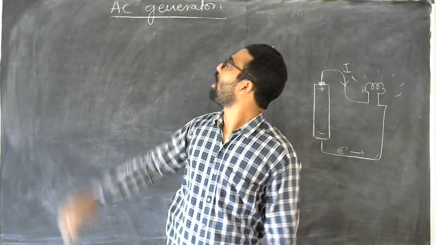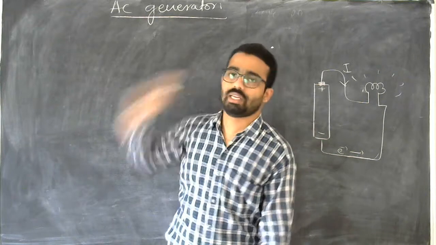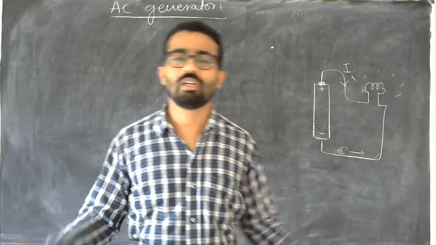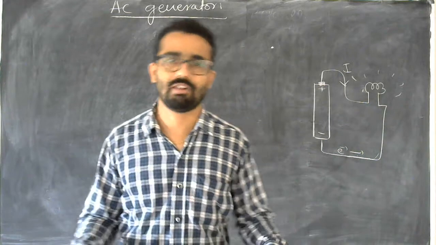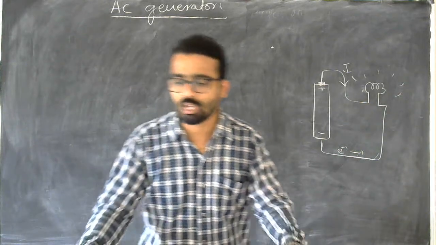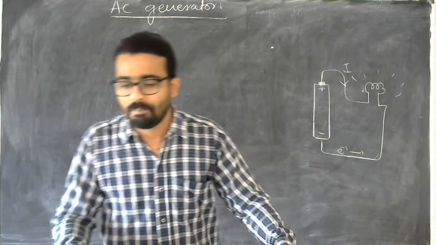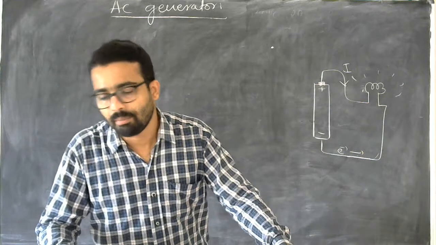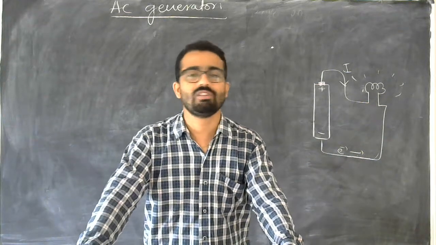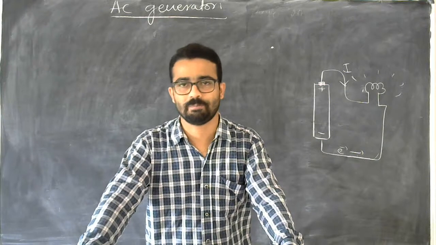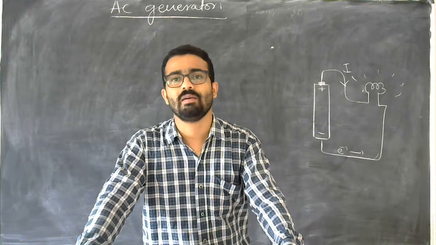And what is this? Alternating current generator. It is also very familiar to us. Why? Because today marriage functions cannot run without a generator.